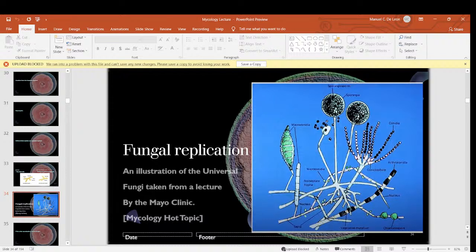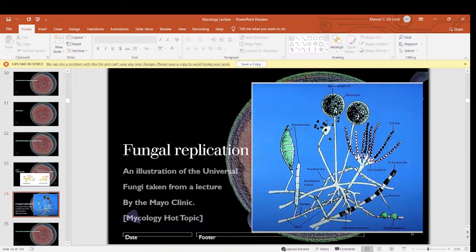This is a lovely photo of what you call the universal fungi. It was actually taken in a lecture that I attended by the Mayo Clinic during the pandemic times. In here, you can see several structures like the microconidia, the macroconidia, and the microconidia. So you guys get a little bit familiar with these things.